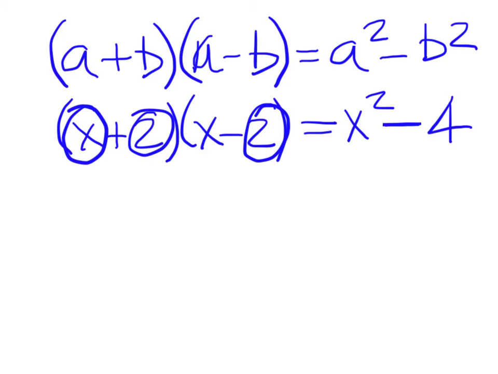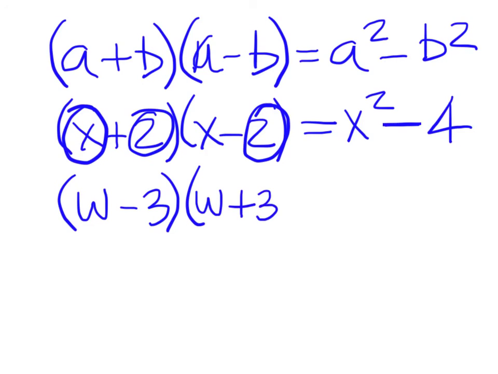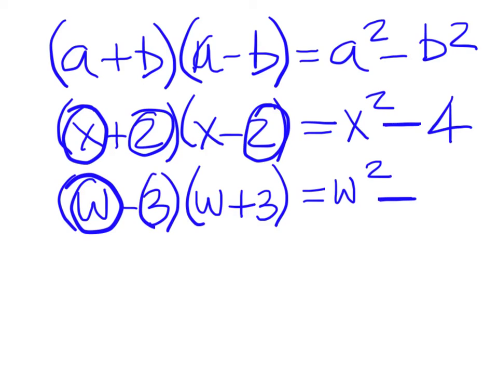So it would be x squared minus 4 when you multiply those two together. If I had, let's make it w minus 3, and then w plus 3. Minus in the middle, square the w, square the 3, and there's your answer, a difference of 2 squares.